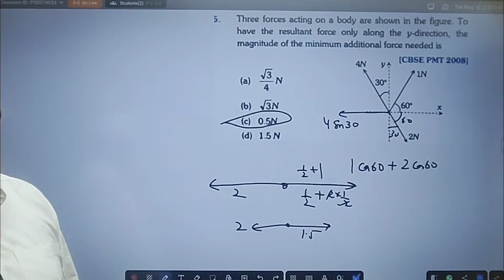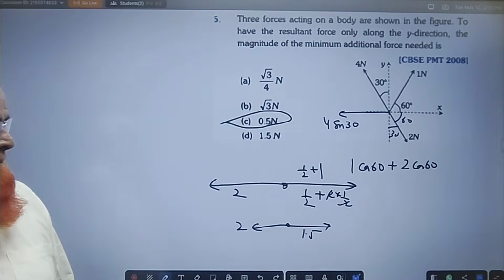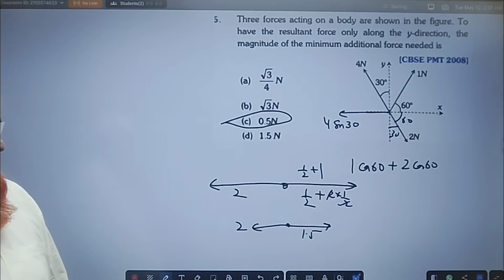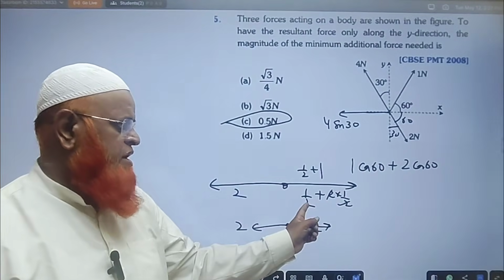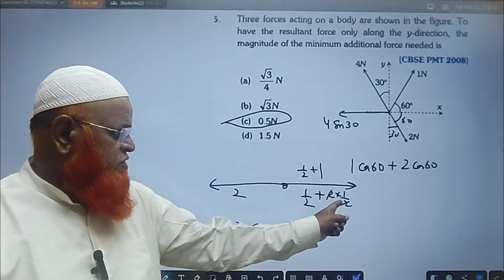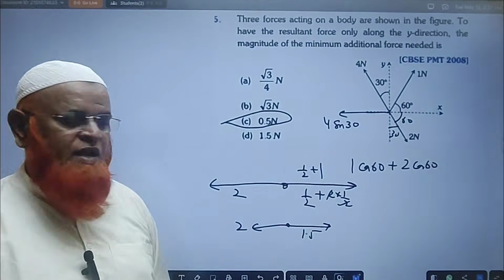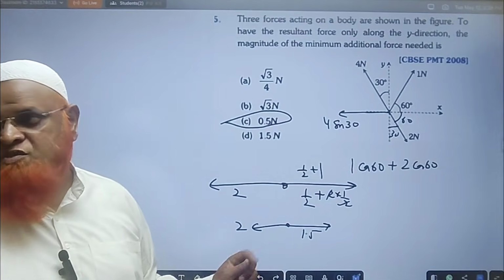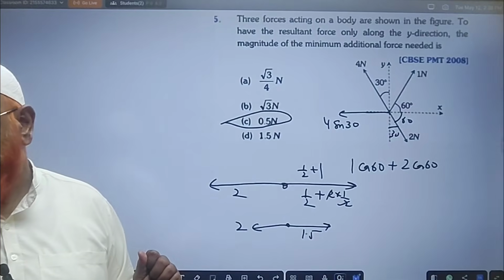That's it. Is it clear? 4 into 1/2 is 2. 1/2 plus 1/2 plus 2 into 1/2: 1 cos 60 is 1/2, and 2 cos 60 is 2 into 1/2, half plus 1. Half is 0.5, 1 plus 0.5 is 1.5.